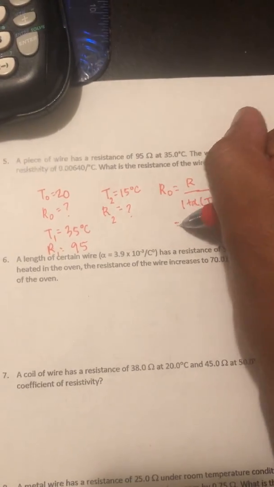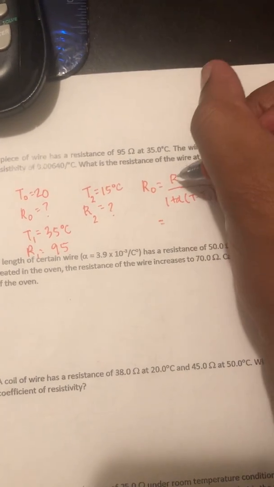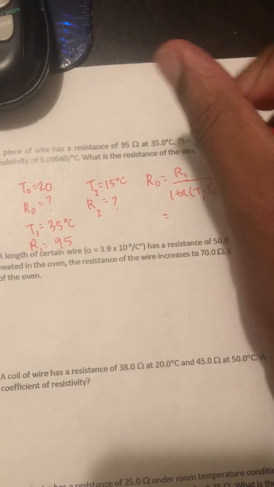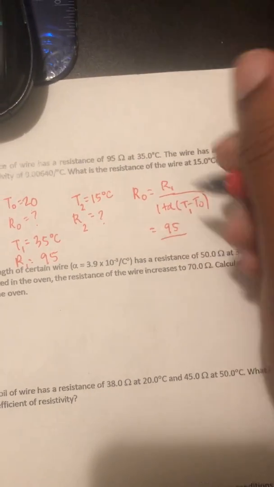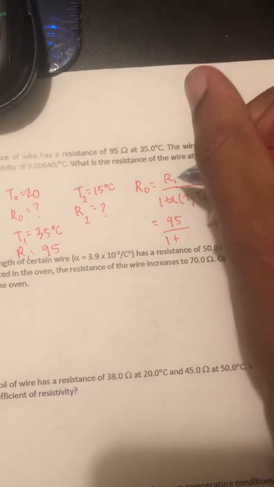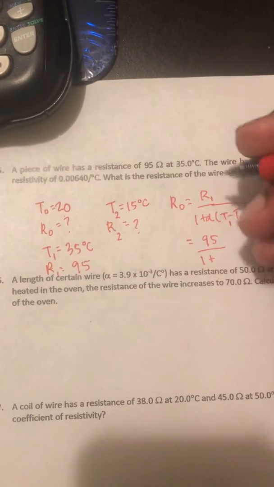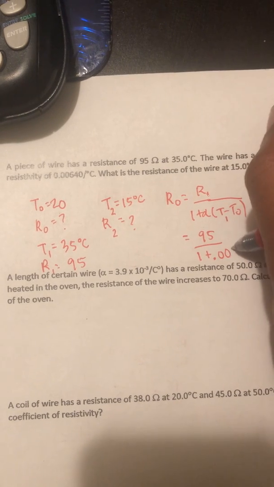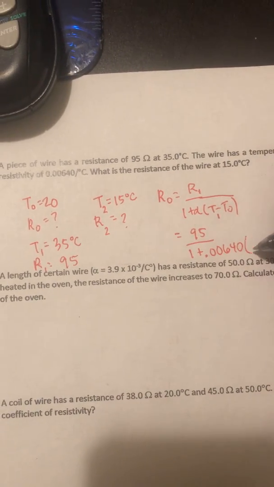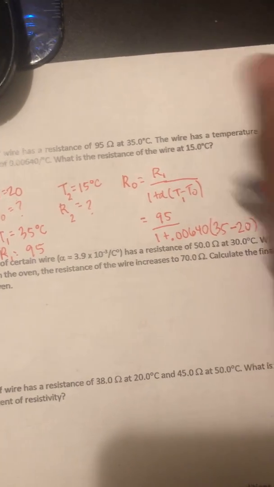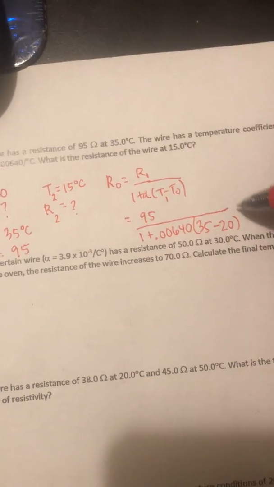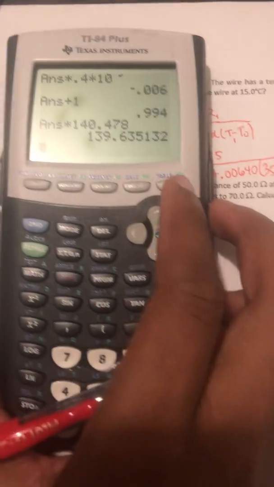The one pair that we know is 35 and 95, so it's going to be 95 divided by 1 plus 0.00640 times 35 minus 20. That's going to give me R naught.